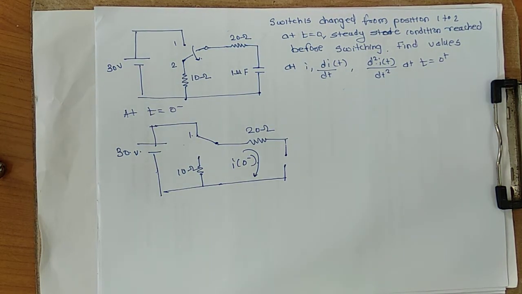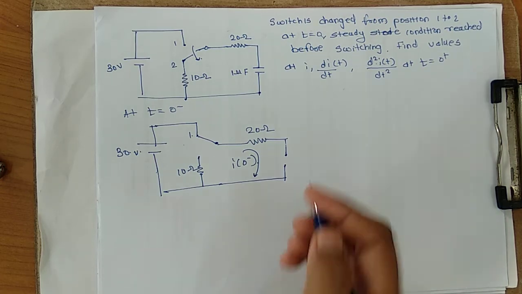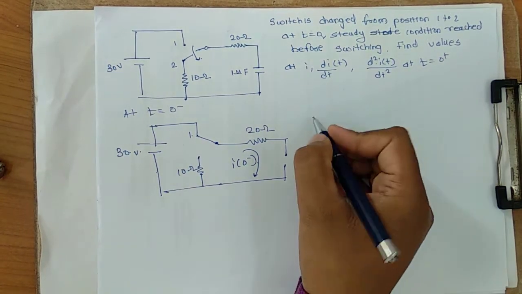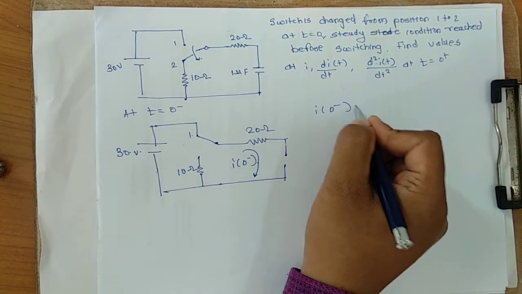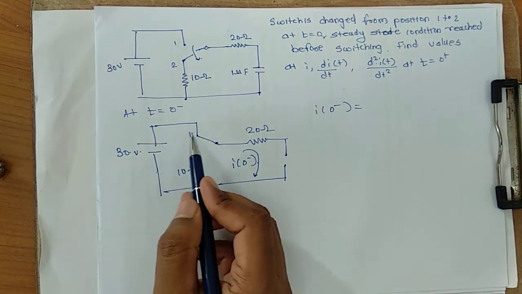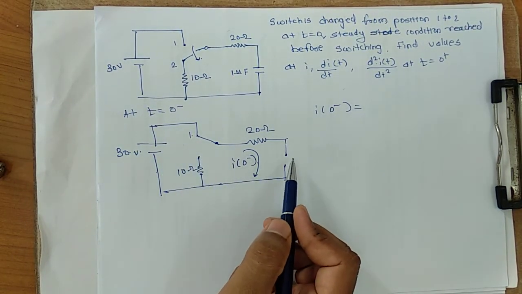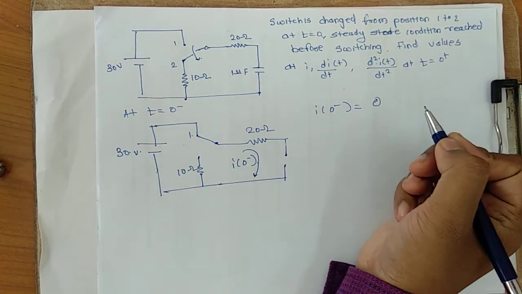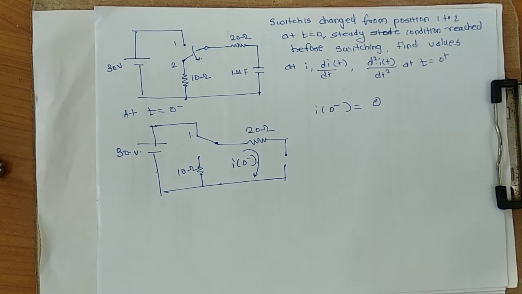You have to calculate current or voltage. You have to calculate only current. Why not voltage? Because in the example they have asked only current. So what will be I of 0 minus? You can see here, this is a voltage, and I of 0 minus flows through that open circuit, which means it is 0. So I of 0 minus is 0.